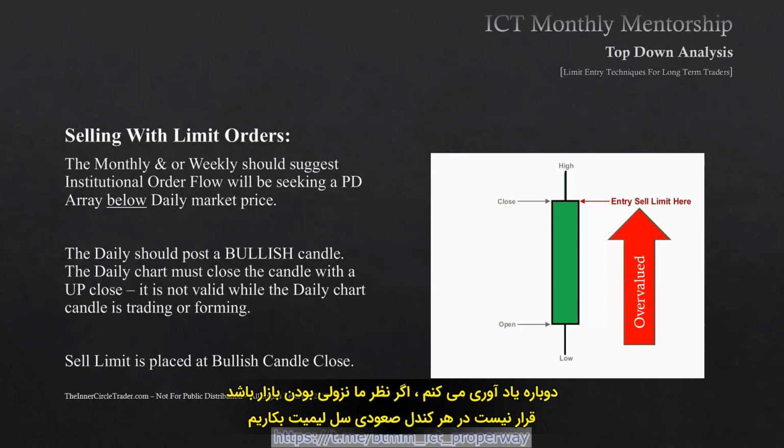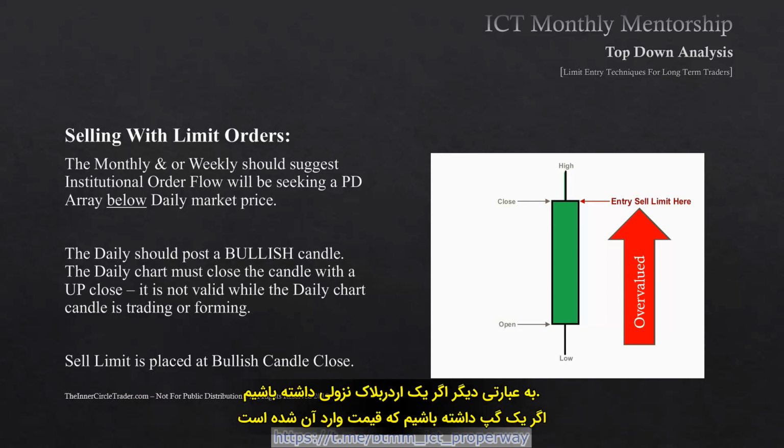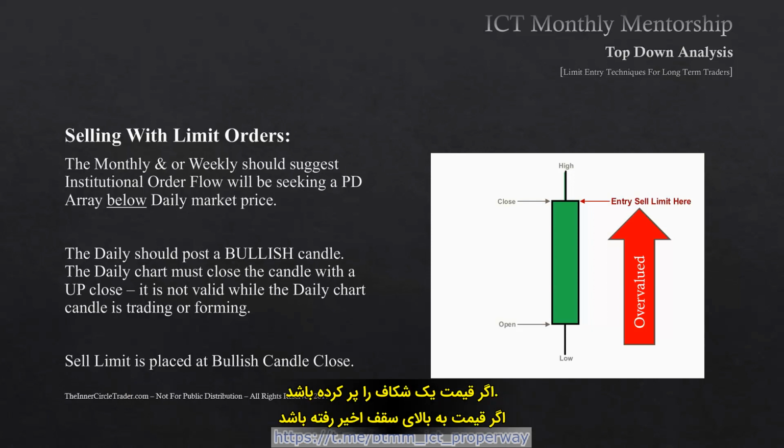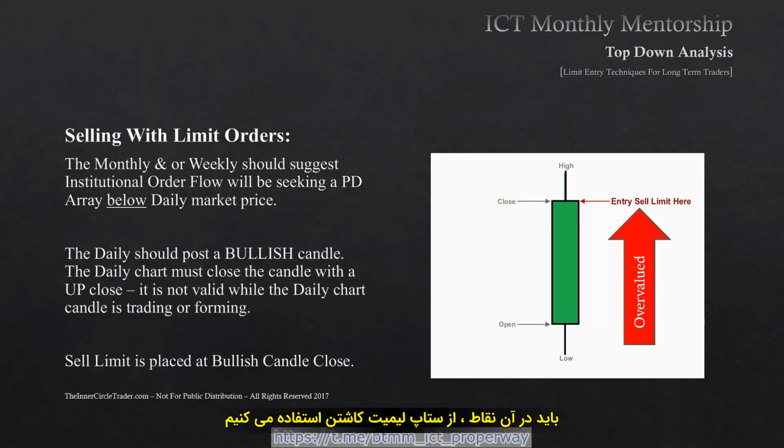Now, again, we're not just selling on a limit on any up candle if we have an opinion about being bearish. These conditions are best suited when we align them with a daily PD array. In other words, if there's a bearish order block, if there's a gap that it's traded into, if it's filled in a void, if it's traded above a recent high, or it's traded back into an old historical low, support broken now as resistance, those types of ideas.